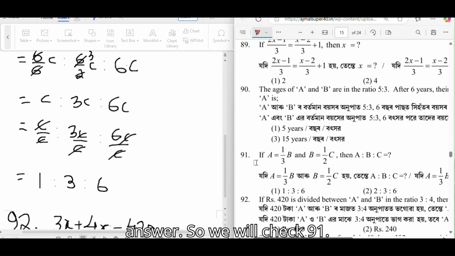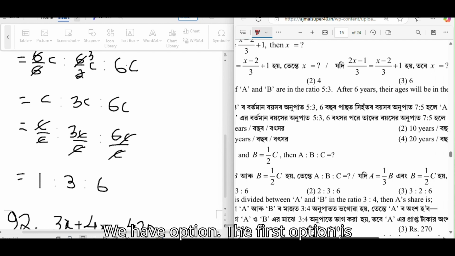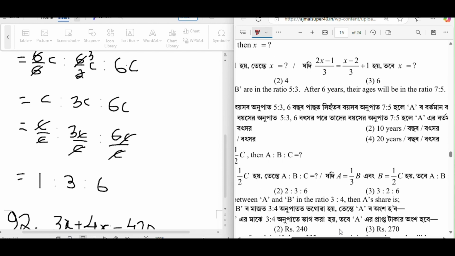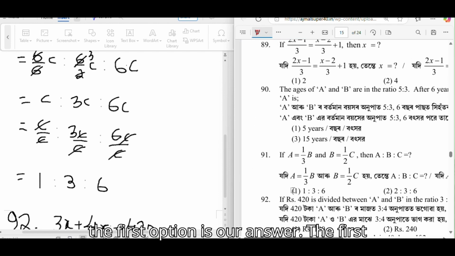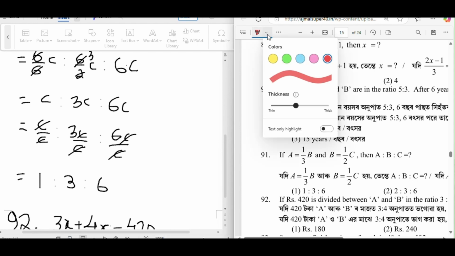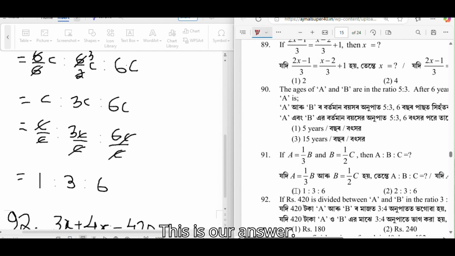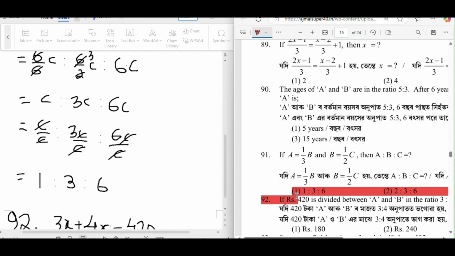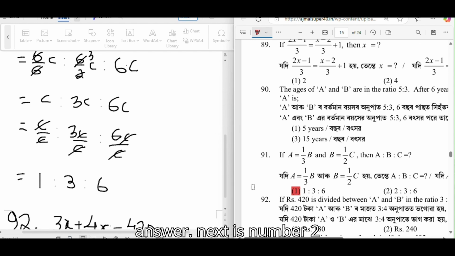We check question 91: the first option is our answer. Yes, number 1 is our answer.